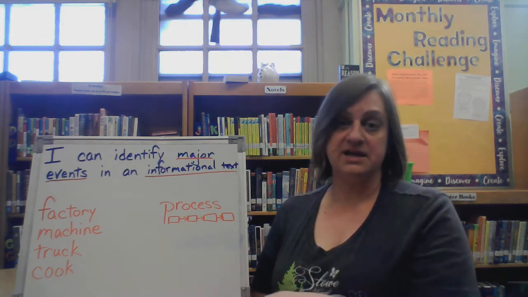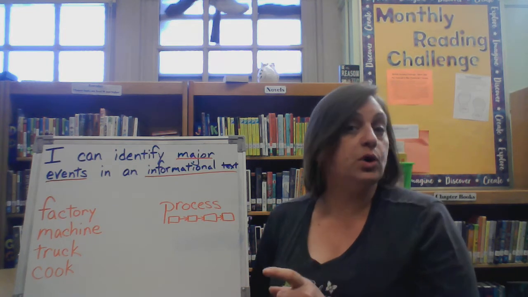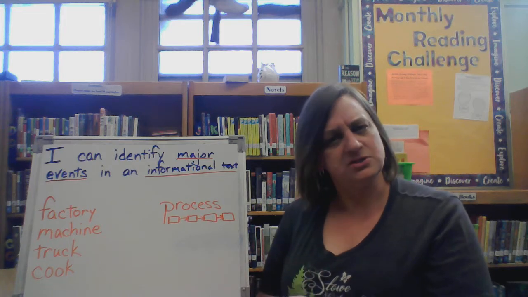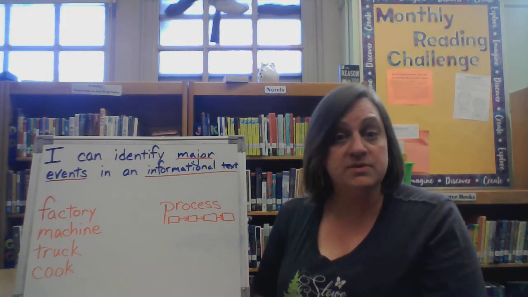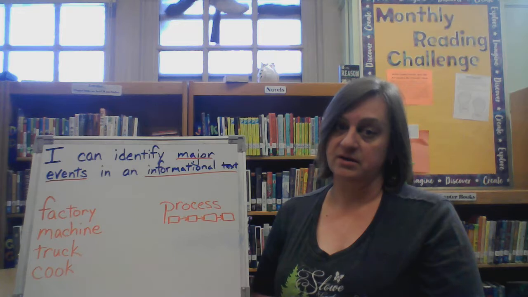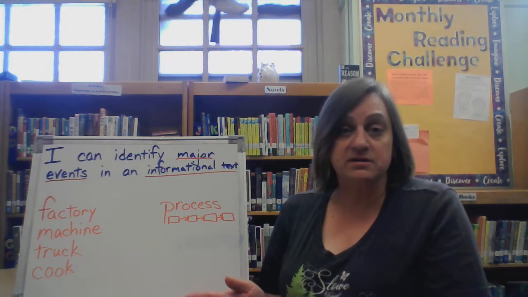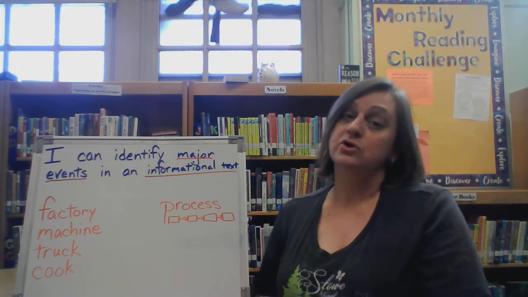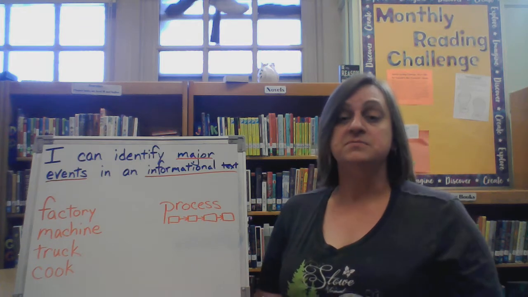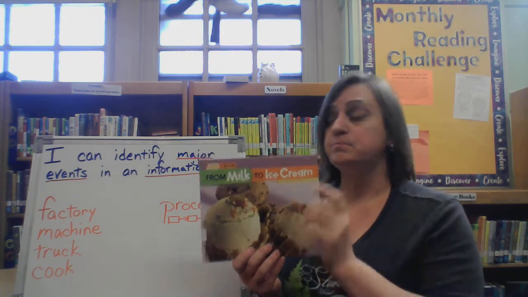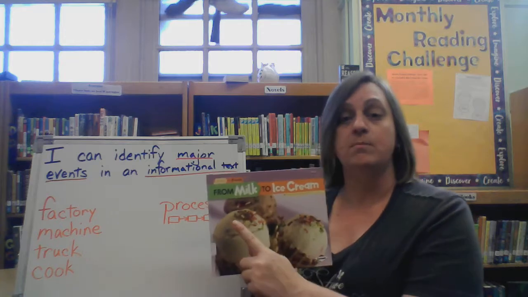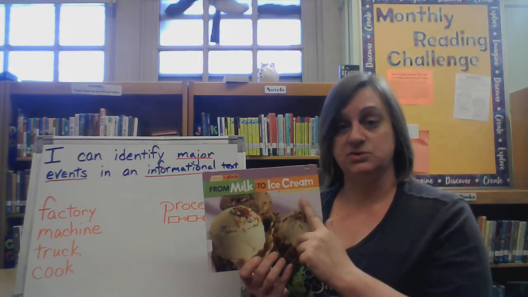Can you think of something else? Milk can become yogurt. Milk becomes butter. Did you know that? Whipped cream is made from milk. Pudding is made from milk. There's lots of stuff that's made from milk. Maybe after you watch this video, you could go look in your refrigerator and find some. But today we're going to concentrate on the process of how milk becomes ice cream.